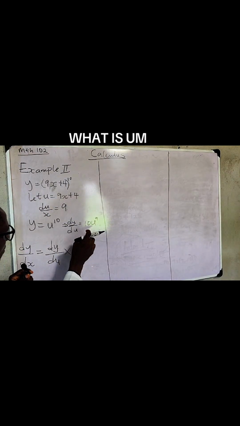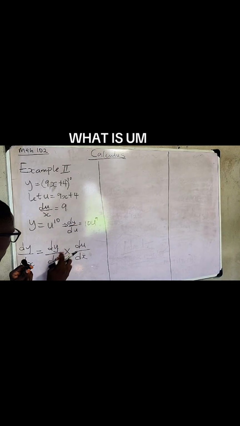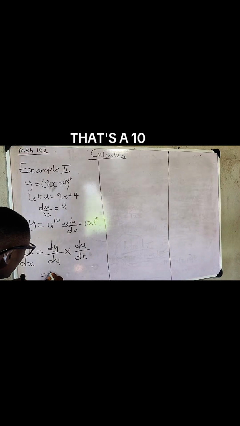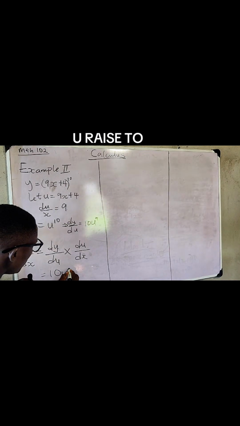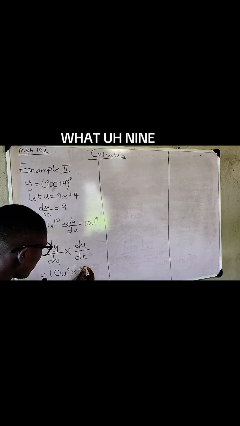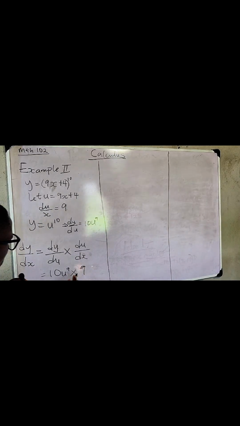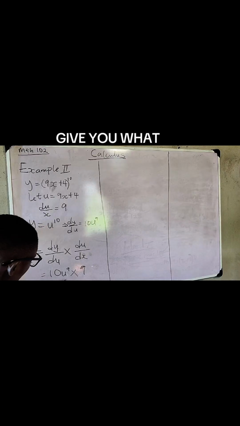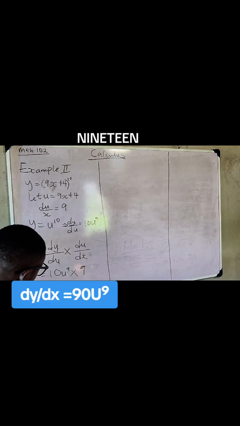So we are going to take our terms now. What is dy du? The dy du is 10u raised to power 9 times 9. So if you take this calculation, at the end, dy dx will give you 90u raised to power 9.